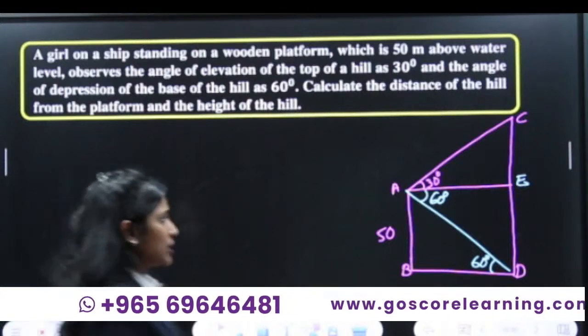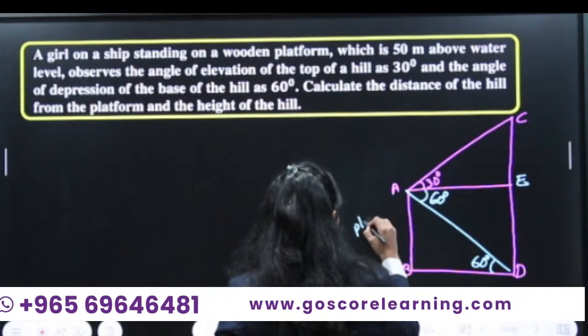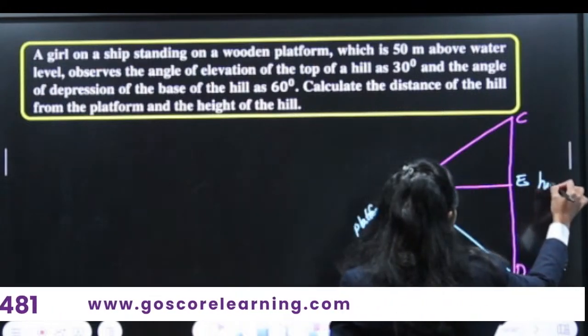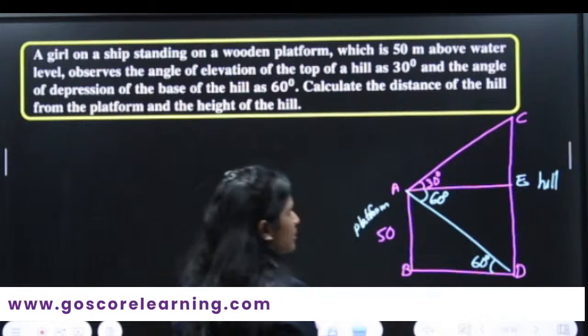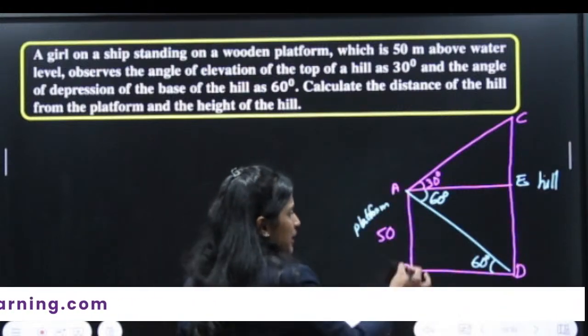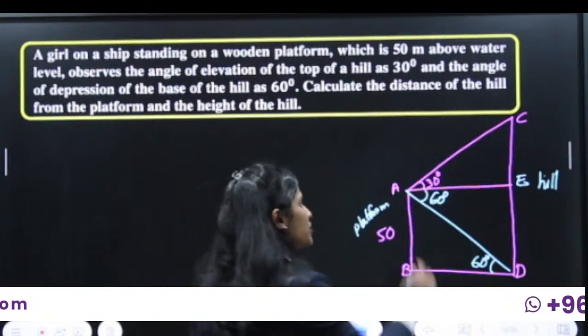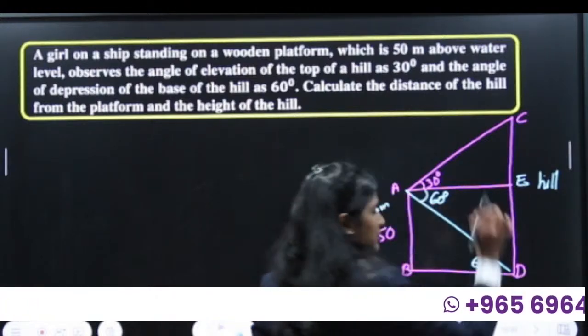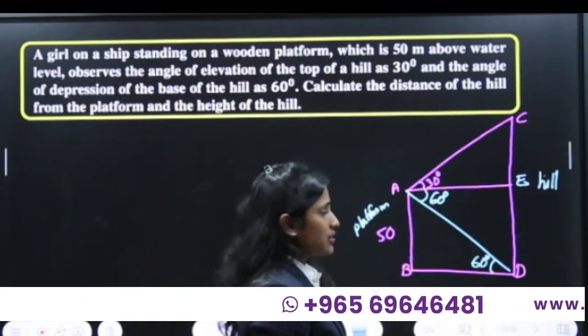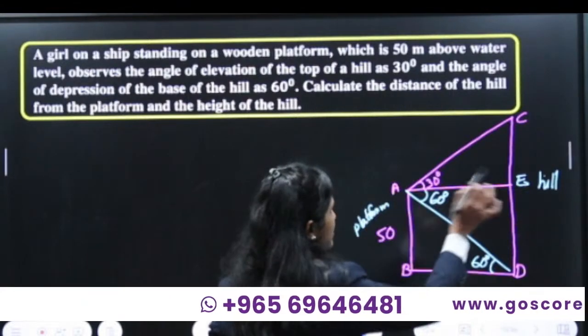Okay, here is the platform. This is the platform. And this is our hill. Okay, so in this one, this AB is 50, not 50 degree, 50 meters, and we draw a horizontal line AE.